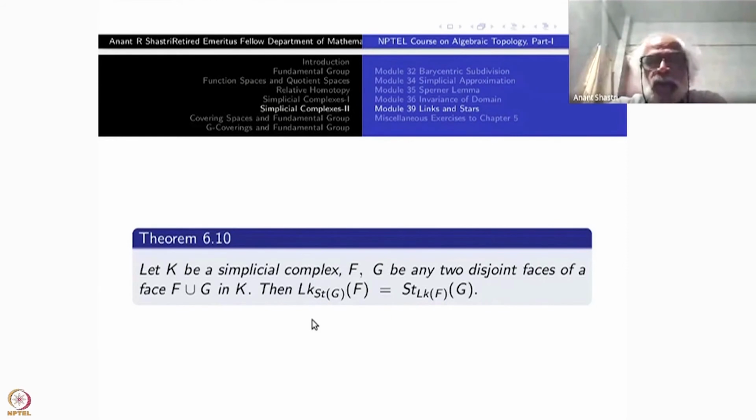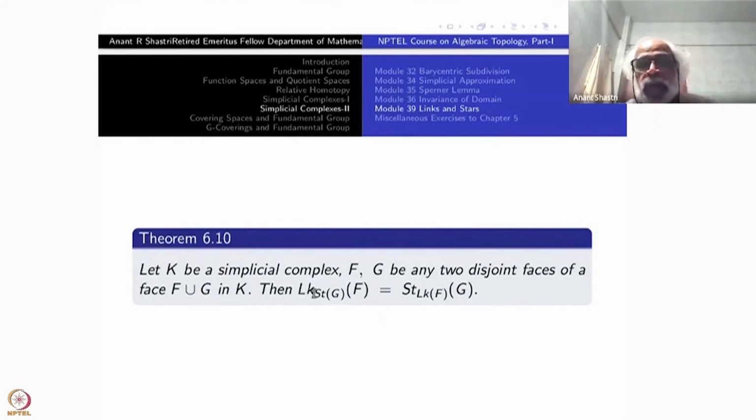That's all I am talking about in K. Then look at the link of F in the star of G. Look at the star of G. It contains F because G union F is a simplex. Therefore, this makes sense. So F is some simplex in the subcomplex. Taking the star of G is like a subcomplex L.